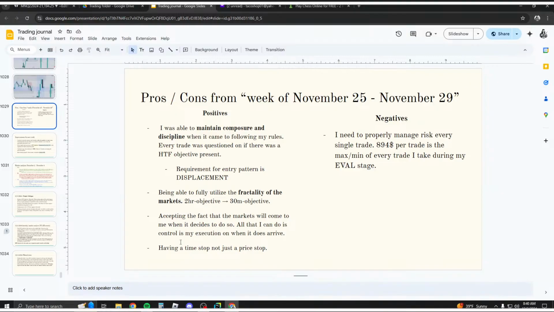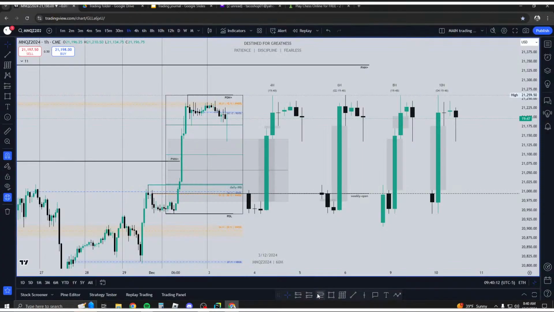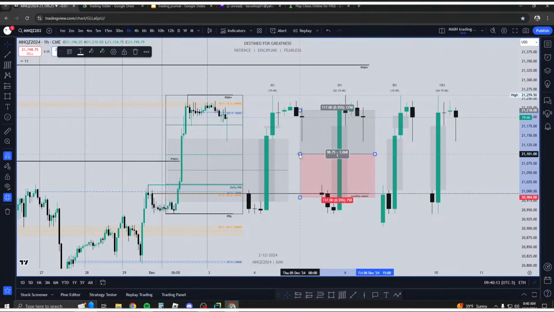And the fourth thing is understanding that there could be two sorts of stop losses: a time stop and a price stop. A price stop is an exact level: if price reaches 21.1775, that's it, I'm not going to take anything out anymore.